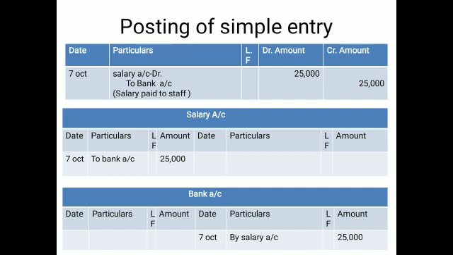You have to come to the credit side of the bank account and write By salary, meaning the name of the debit item. One thing you have to see here also: the salary is 25,000, so your total for salary should be 25,000 on the debit side. If the bank is listed with 25,000, then it should come on the credit side with 25,000.